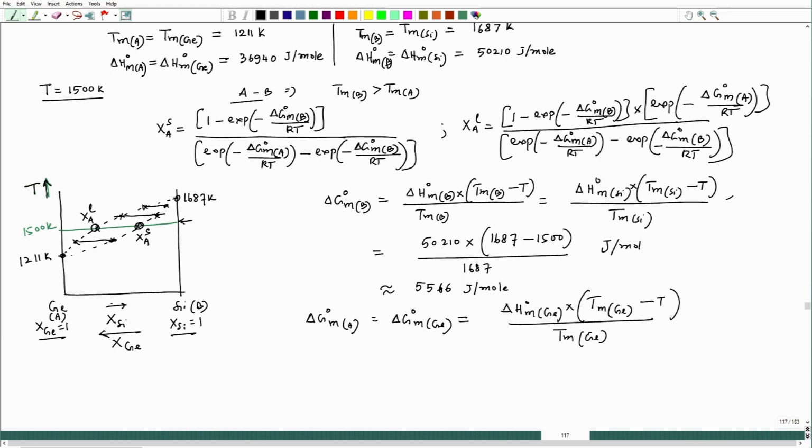Now here T is greater than T M of germanium, fine, because we are considering 1500 Kelvin. So in that case you would see that this would become negative, minus 8816 joule per mole.